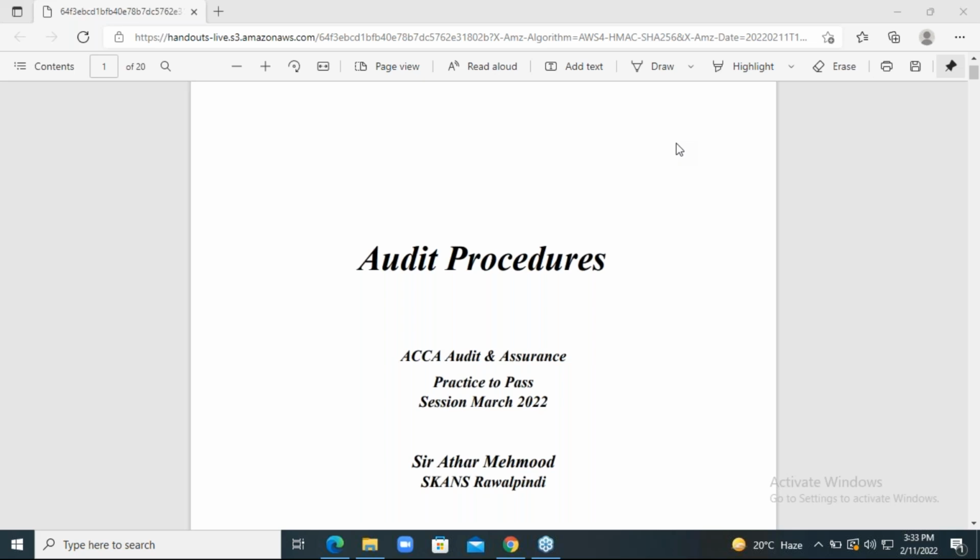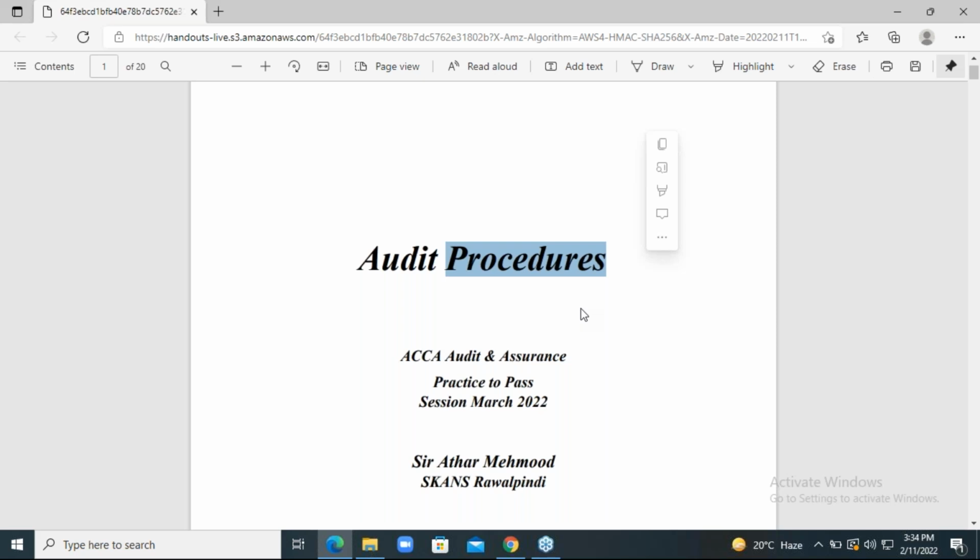So the question here is, how is the auditor going to get sufficient and appropriate evidence? You would have discussed that sufficient and appropriate evidence is obtained through procedures. Now there are certain sets of procedures like inquiry, inspection, review, recalculation, external confirmation.